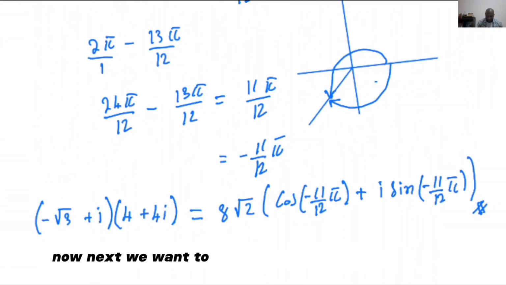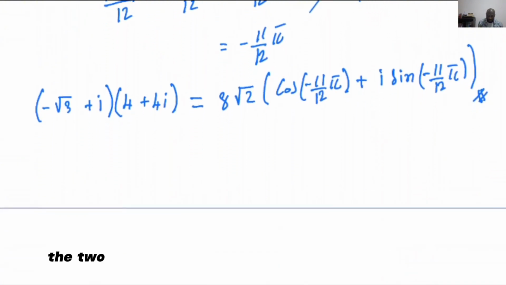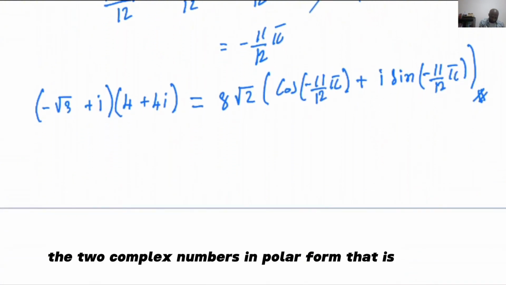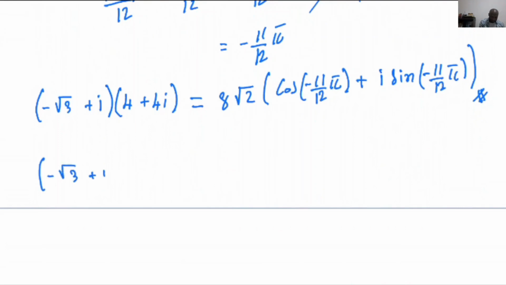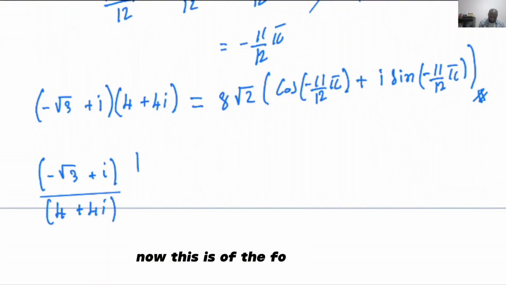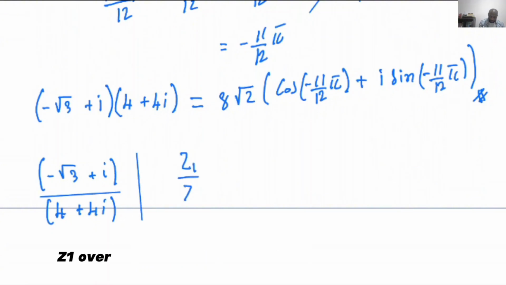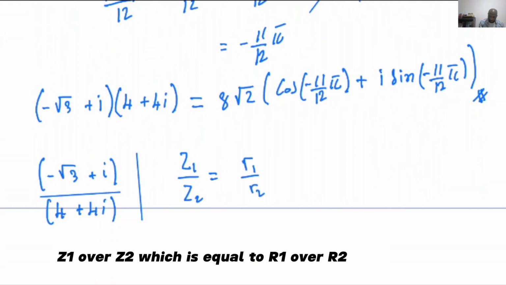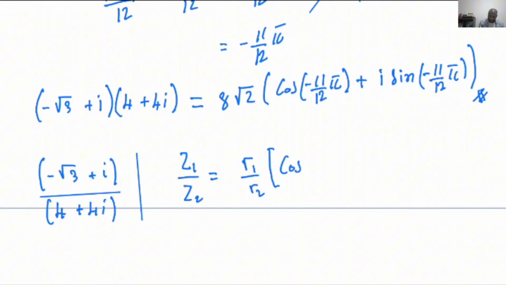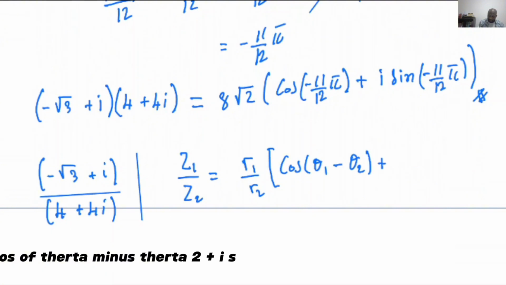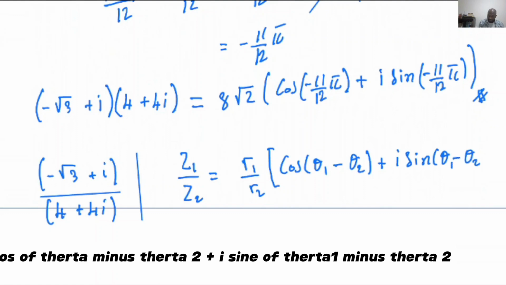Now next, we want to express the quotient of the two complex numbers in polar form. That is negative root 3 plus i all over 4 plus 4i. Now, this is of the form z1 over z2, which is equal to r1 over r2 into cos of (theta 1 minus theta 2) plus i sine of (theta 1 minus theta 2).